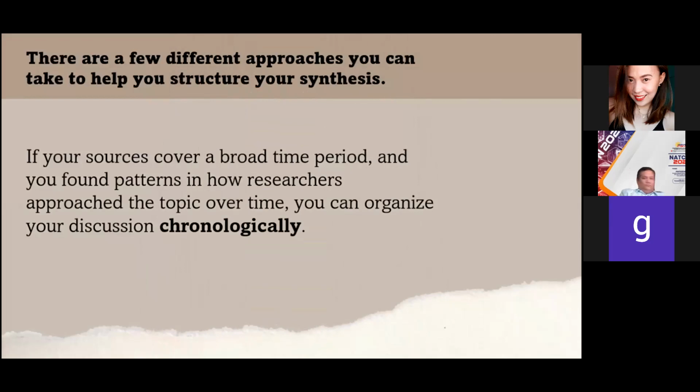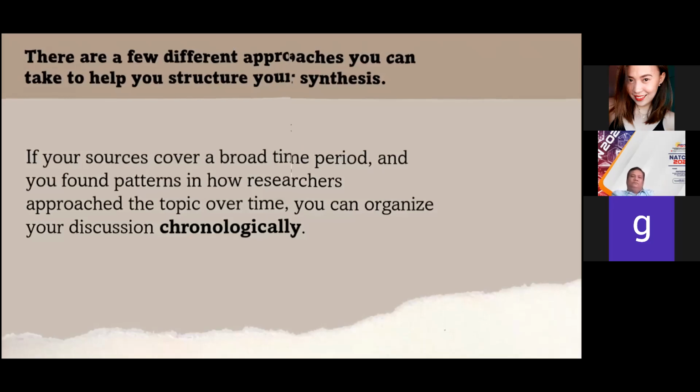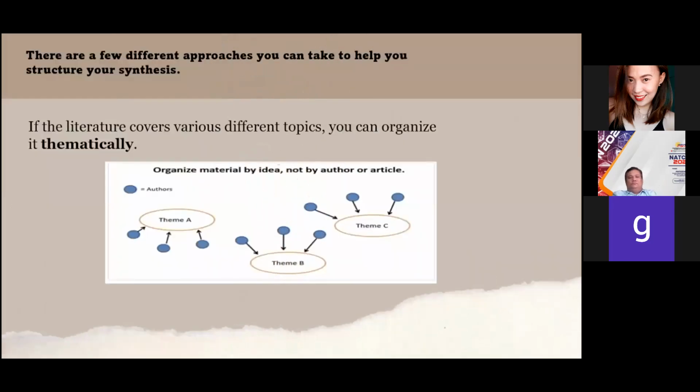There are a few different approaches you can take to help you structure your synthesis. If your sources cover a broad time period and you found patterns in how researchers approach the topic over time, you can organize your discussion chronologically. If the literature covers various different topics, you can organize it thematically.